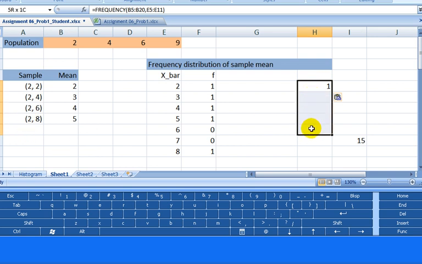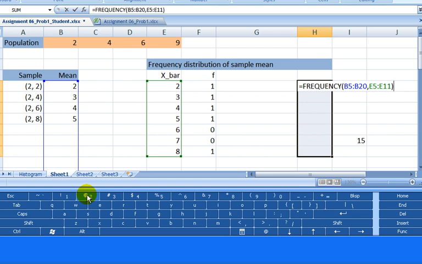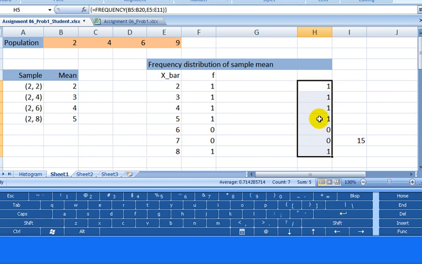Then you select from this cell up to here, and press the F2 key on your keyboard. Now you press Control Shift Enter all together, and that'll fill out from here to here the frequency distribution of each one of these numbers within B5 to B20. So that's how you do it.